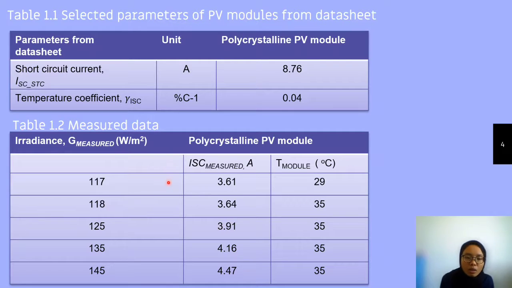So we collect 1, 2, 3, 4, 5 data with irradiance from 117, 118, 125, 135 and 145. For 117 G measured, we got current of 3.61 with temperature of 29, and as we can see, as the temperature increase, the G measured also increase. When the G measured increase, the current measured also increase.